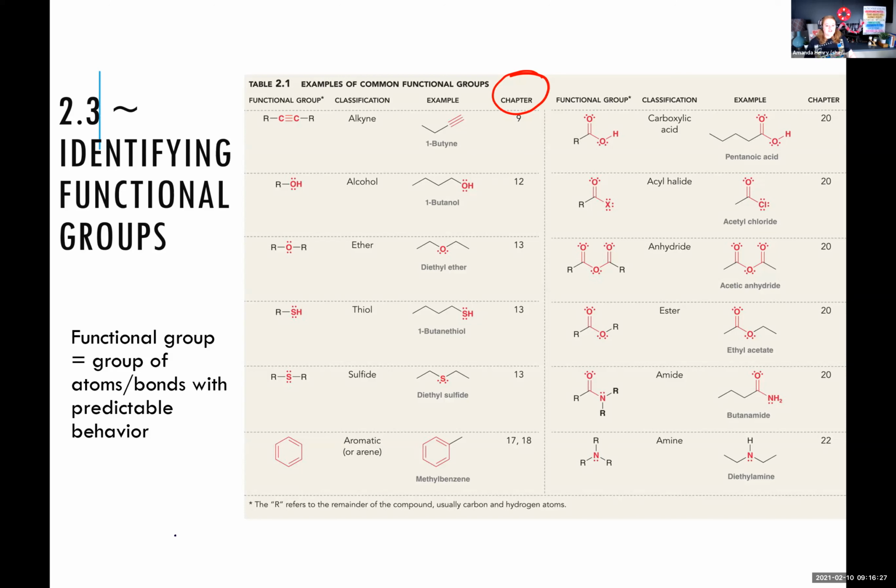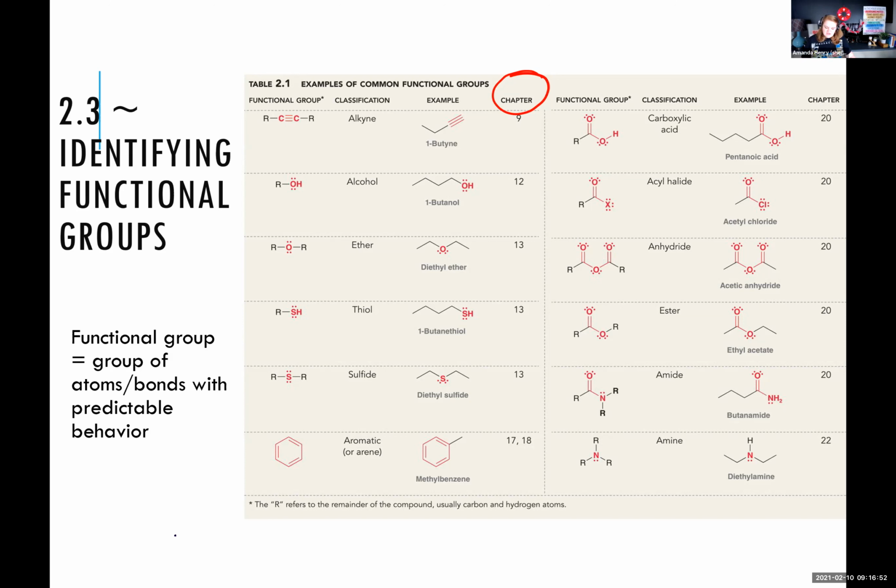After that, our chapters are focused on functional groups. Within that chapter, we learn how to name the functional group, we learn how to create it through reactions, and then we learn how to react it with other things. This shows us how they're divided, but it's also giving us some names.